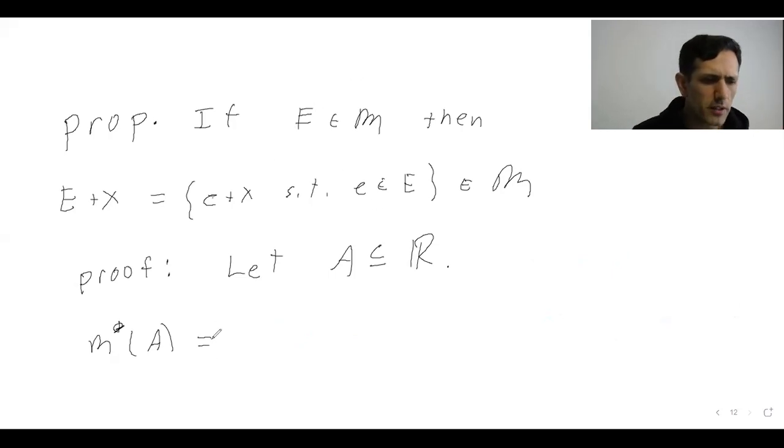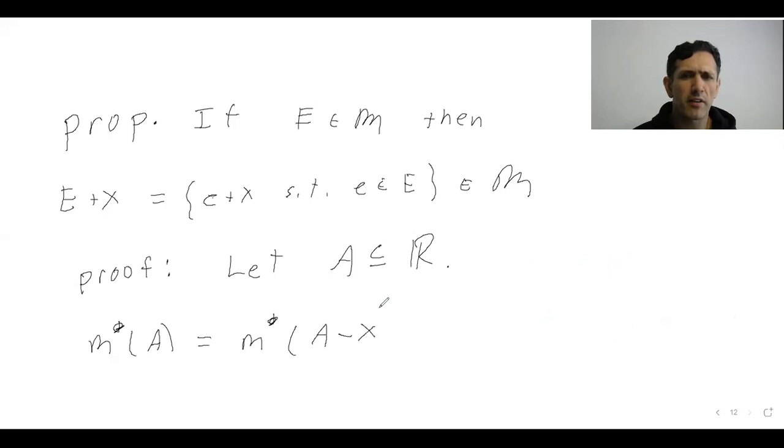So this is going to be equal to, well, we proved that outer measure is translation invariant, so I'm going to subtract x here. And when I say minus x, x of course is a real number, so it has the obvious meaning. That's what A minus x is, it's really like A plus minus x. So let me make this plus again.